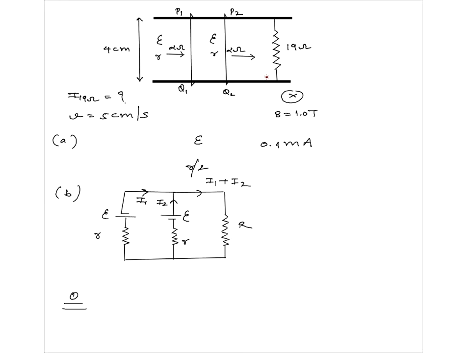V same, B same, length is same for P1 Q1 also and P2 Q2 also. So shouldn't they generate identical batteries with identical EMFs?